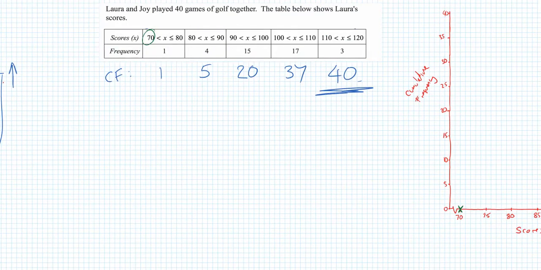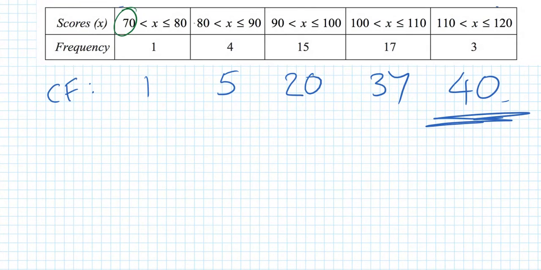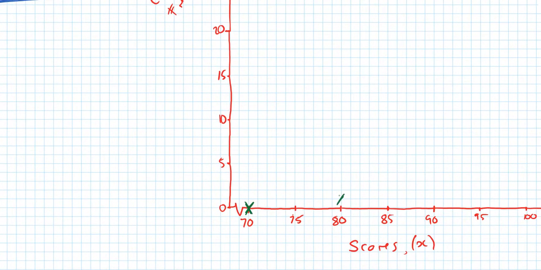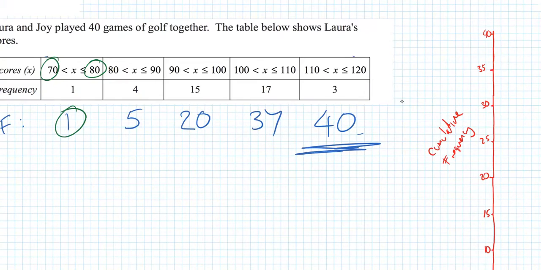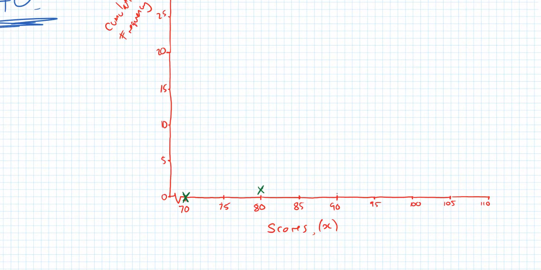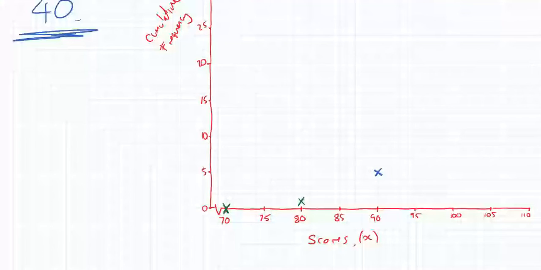Let's carry on. So the next one, at 80, we had 1 person, okay, so up to a score of 80, we've got 1 person. Up to 90, well, we've got 5 people, haven't we? So let's find 90 and make sure we have the 5 marked down.